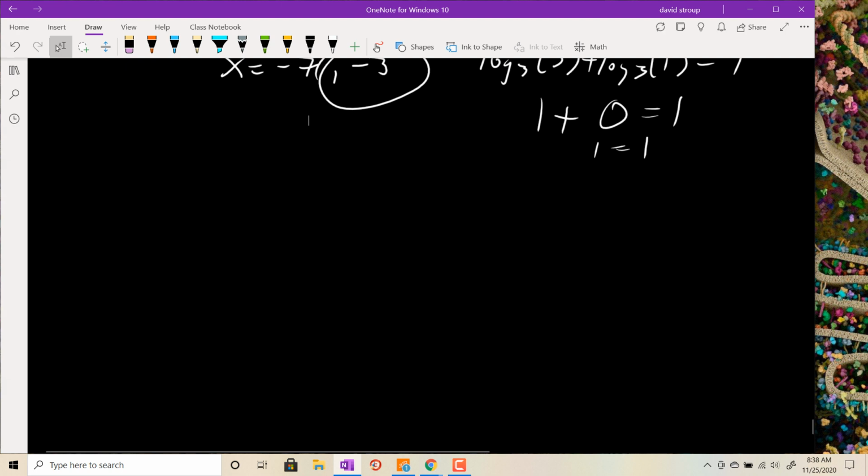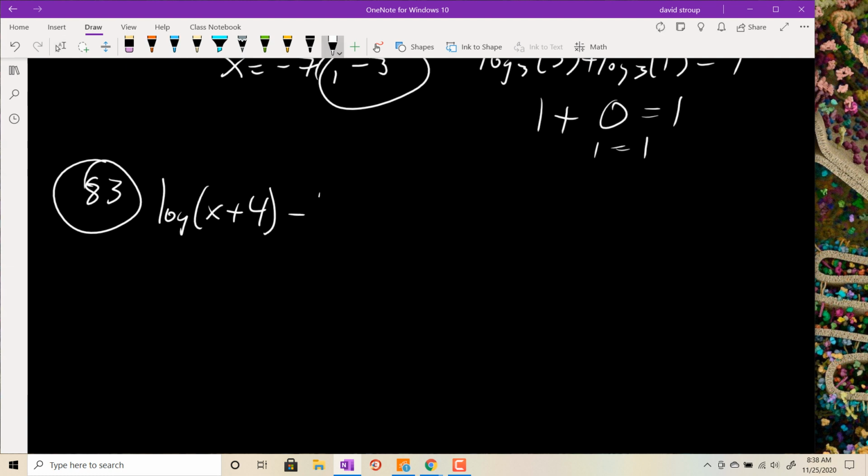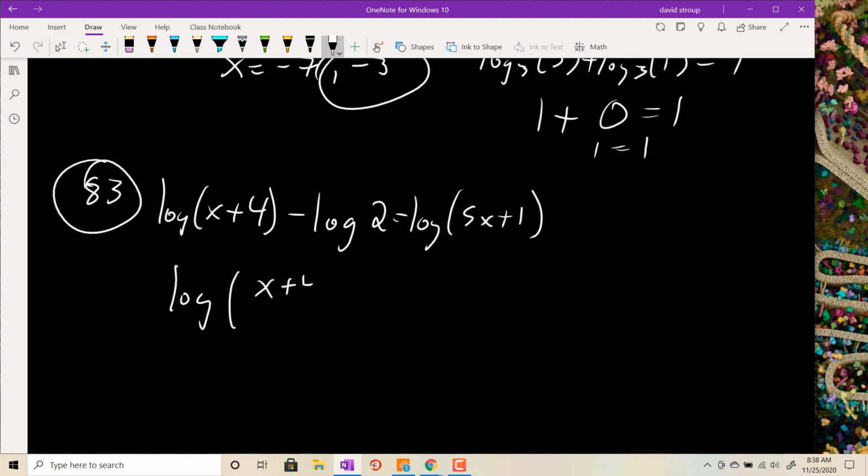The other type is when you equate the sort of guts of the logs. So like number 83, we have log of x plus 4 minus log of 2 equals log of 5x plus 1. Okay, so here I have log of x plus 4 all over 2 equals log of 5x plus 1.